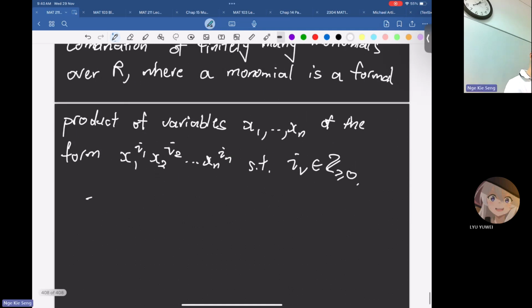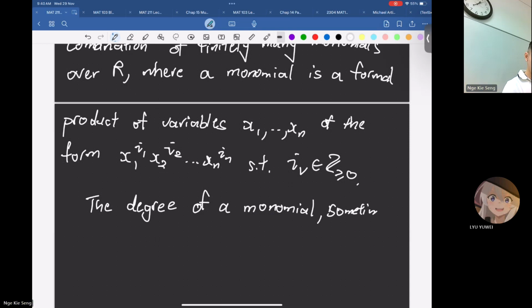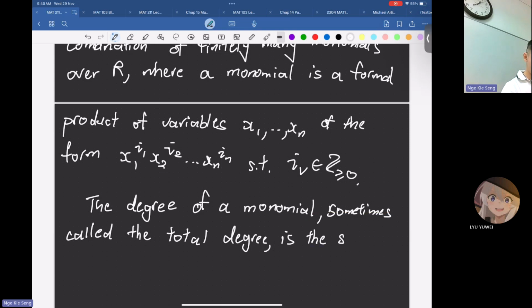And then how about the degree here? The degree here we refer to as the total degree. What do I mean by total degree? The degree of the monomial, sometimes called the total degree, is the sum i1 plus dot dot dot plus in.